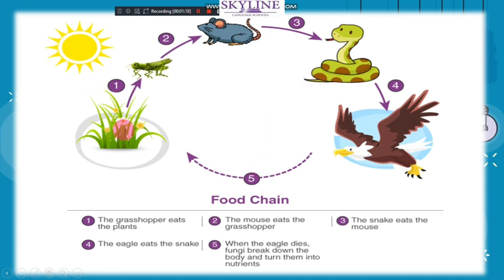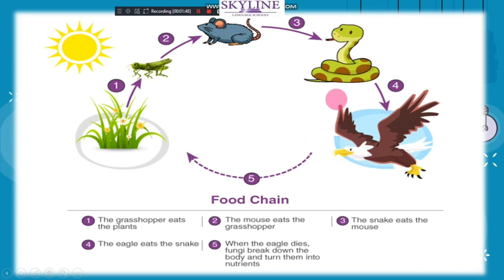The sun gives its energy to the plant. The plant makes photosynthesis, and another animal feeds on the plant, so the energy transfers from the plant to the grasshopper. Then the mouse comes and feeds on the grasshopper, so the energy transfers from grasshopper to the mouse. The snake comes and eats that mouse, so the energy transfers from the mouse to the snake.